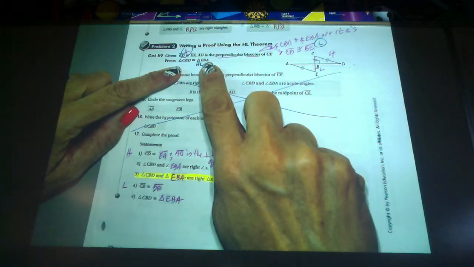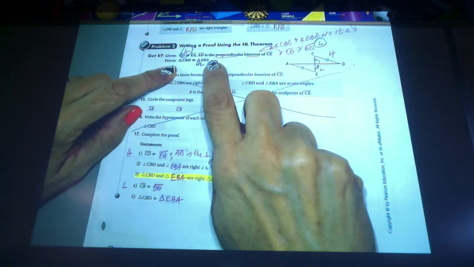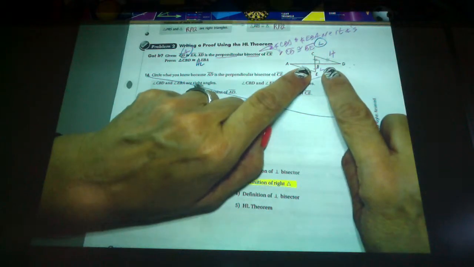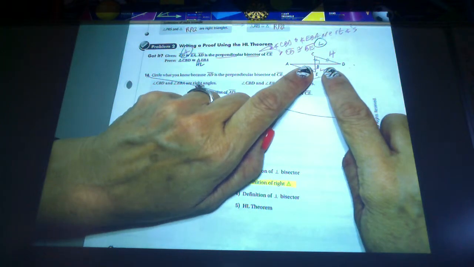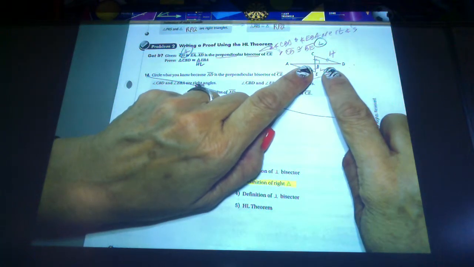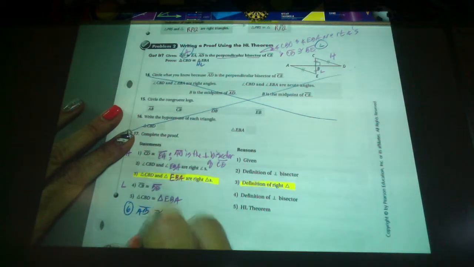So if I change my proof statement, and I said instead, prove that AB is congruent to BD, I would still have all of this, but I'd have one more step. I'd have that proof statement that I'm asking for. We'd have an extra step. I'd say that AB is congruent to BD by what?